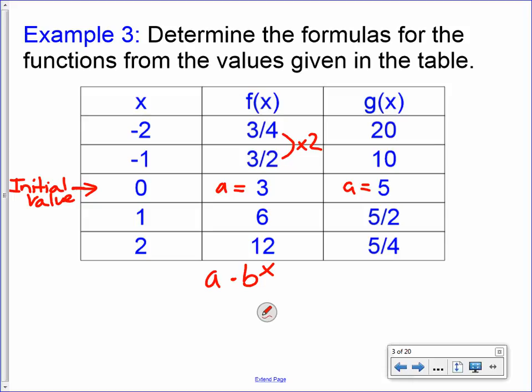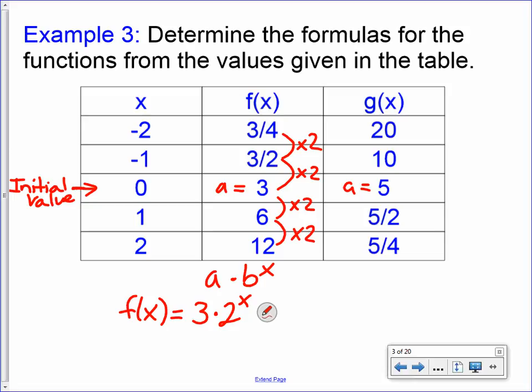To go from 3/2 to 3, you're multiplying by 2. To go from 3 to 6, you're multiplying by 2. 6 to 12, you're multiplying by 2. So the base is 2. So f of x is going to equal 3, which is a, times 2 to the x power.